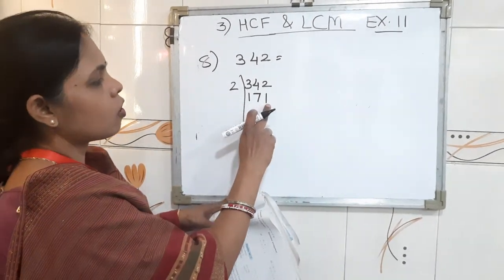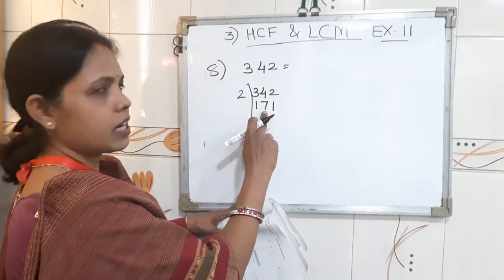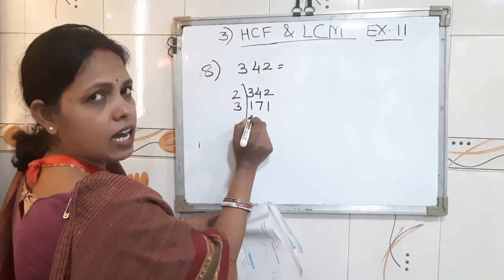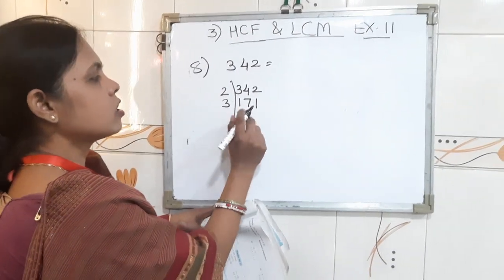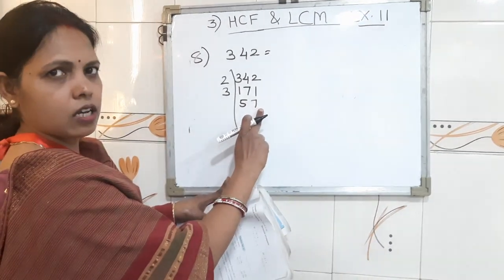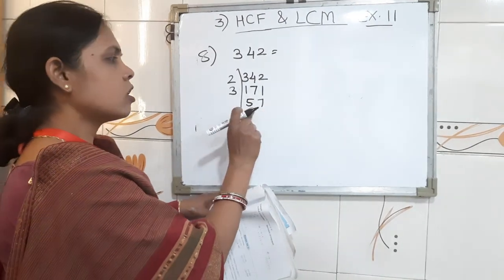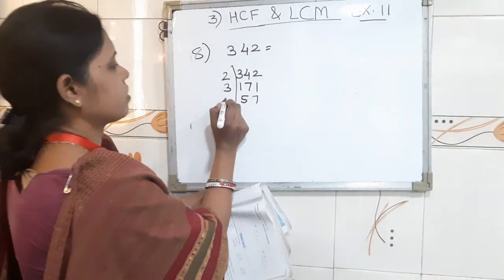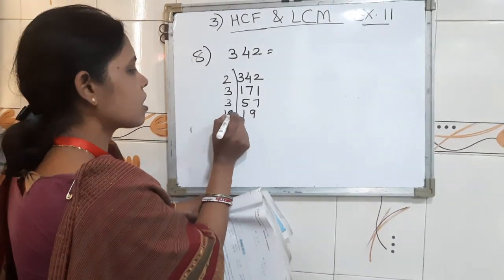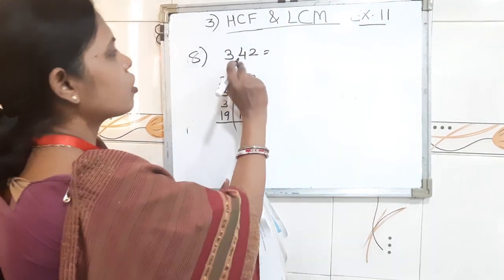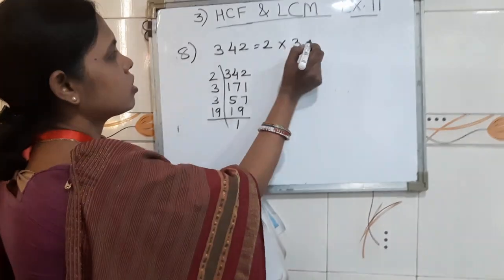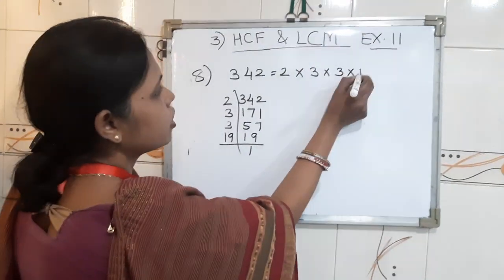Now the addition of all three numbers, 1 plus 7 is 8, 8 plus 1 is 9. Then try for 3. 3 5s are 15, 3 7s are 21. Addition of 5 plus 7 is 12. Therefore try for 3 again. 3 1s are 3, 3 9s are 27. 19 itself is a prime number. Then for 342 we got the factors 2 into 3 into 3 into 19.